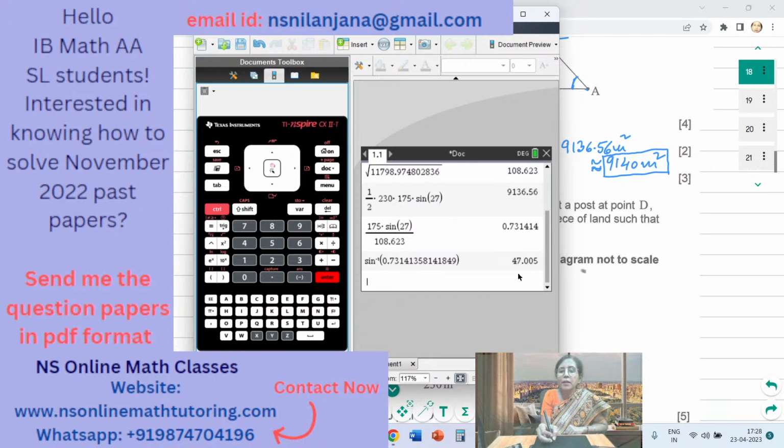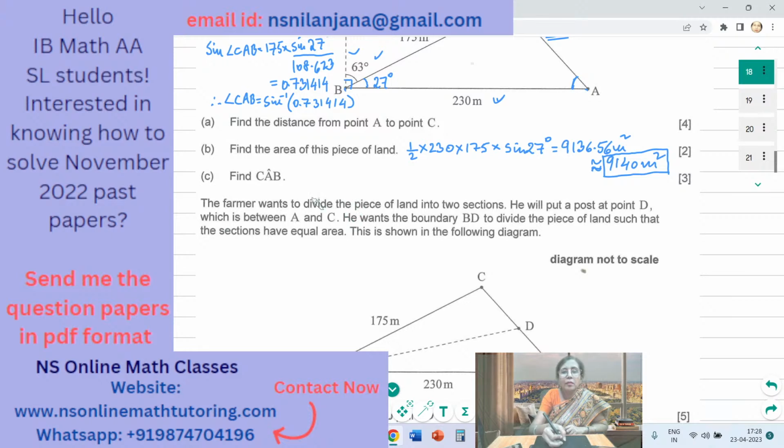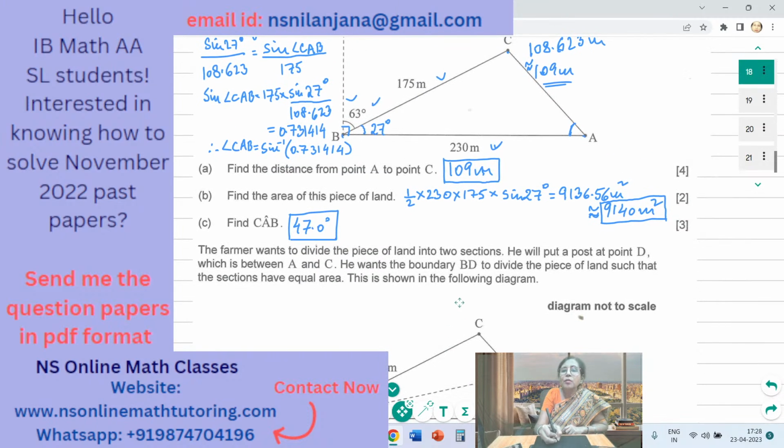Up to three significant figures, it will be 47.0 degrees. I'm writing this answer over here, 47.0 degrees. Since I have written this part's answer, let me write the first part's answer also: AC was equal to 109 meters.